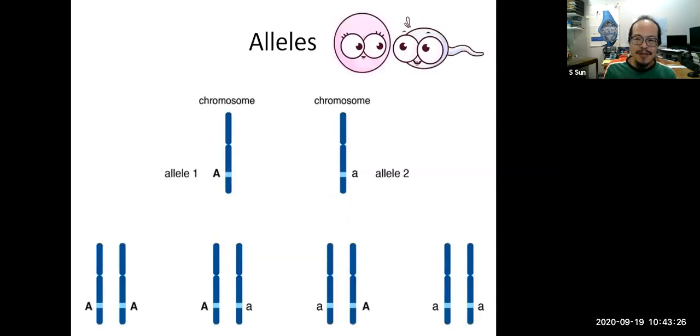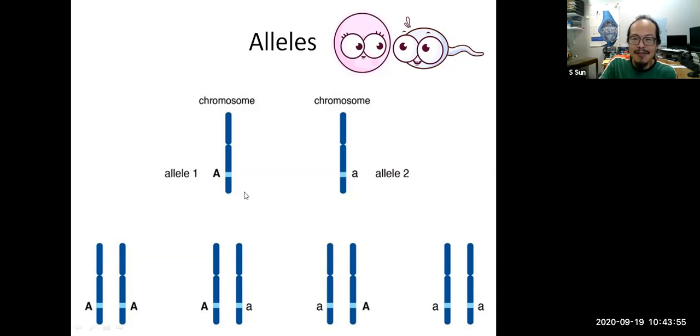In each gene, we have two alleles, let's say one from the egg and one from the sperm. If these are two different alleles, it could be tall, it could be short. The combinations could be several, right?